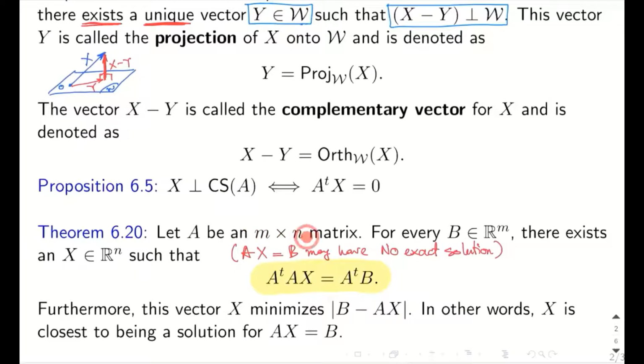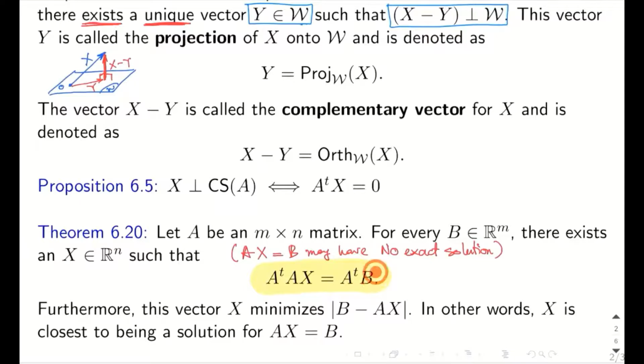Theorem 6.20. Let A be an m by n matrix and b a vector in R^m. Although the equation Ax equals b may have no exact solution, if you apply the transpose of A onto both sides of the original equation, you end up with a new equation, and this new equation always has at least one solution.